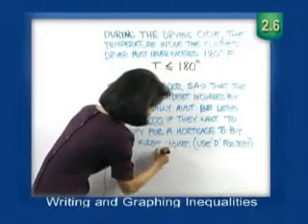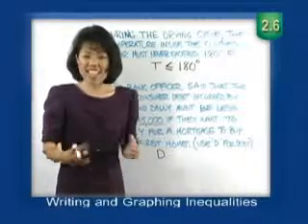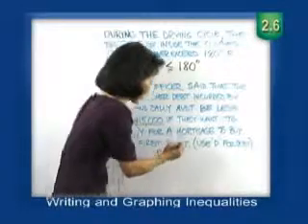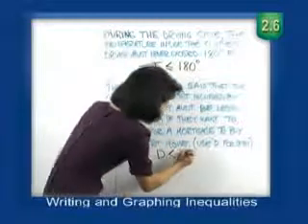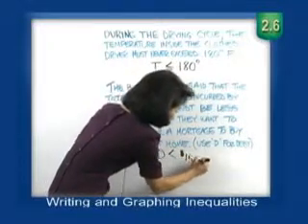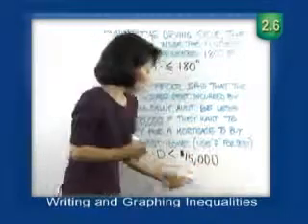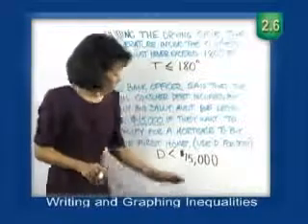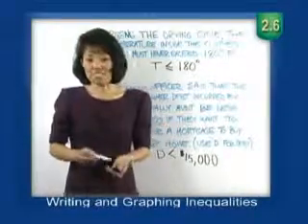In this case, it says they must be less than $15,000, so we don't want to be equal to it, but strictly less than $15,000 to qualify for that mortgage. So we'll write this inequality as D is less than $15,000. This inequality represents what's going on in that particular word problem.